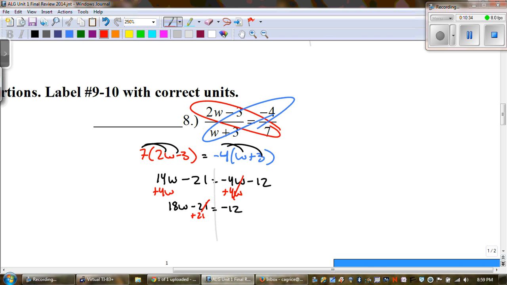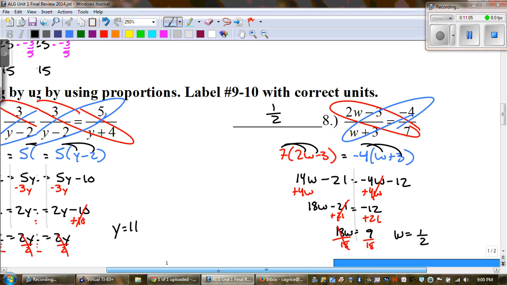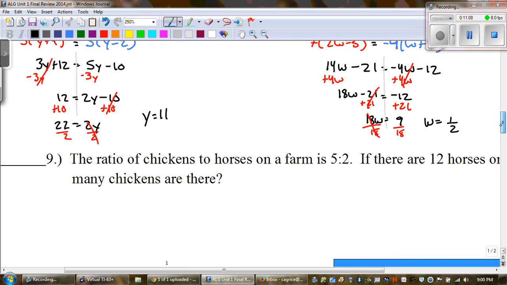I'm going to add 21 to both sides, and I have negative 12 plus 21, which gives me positive 9, and then divide both by 18. Remember, you always want to reduce, so we get y equals 1/2. Remember, no decimals. Okay, let's go ahead and move on to the next one.